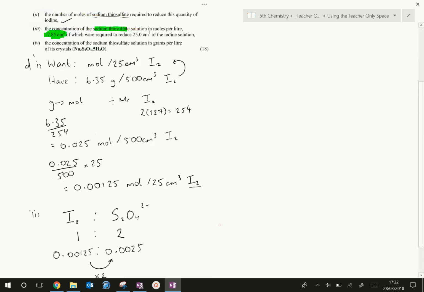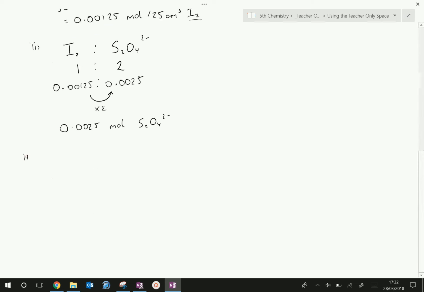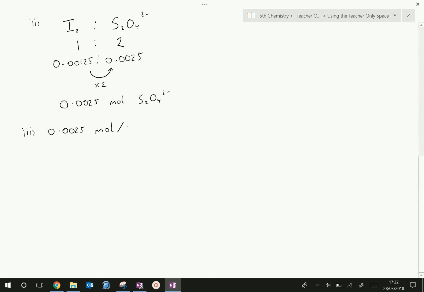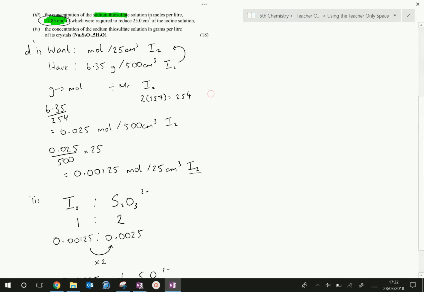So the number of moles I have, 0.0025, is moles per 17.85 mils of thiosulphate, S2O3 2 minus.